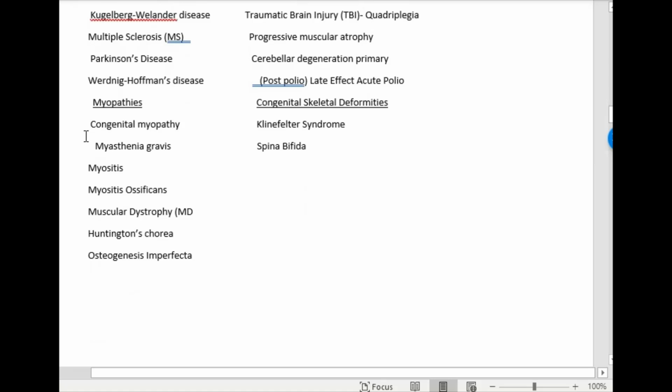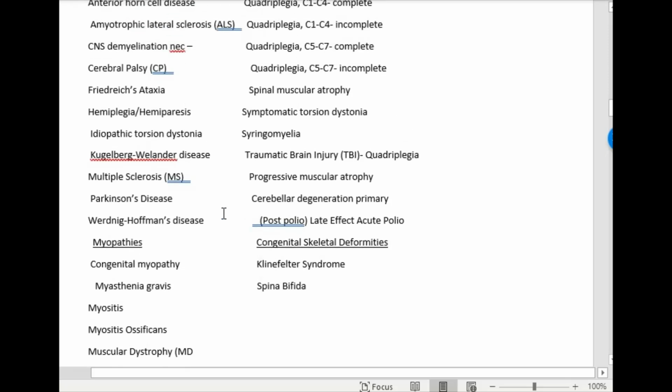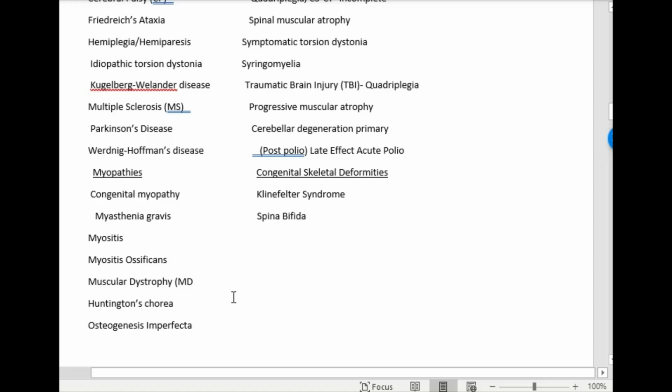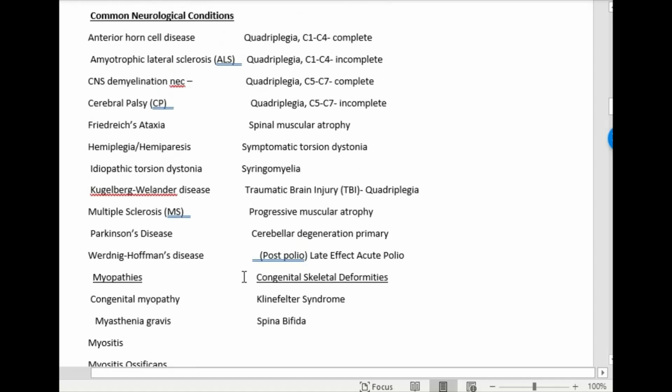Myopathies we have over here: congenital myopathy, myasthenia gravis, myositis ossificans, muscular dystrophy, Huntington's chorea, osteogenesis imperfecta, and congenital skeletal deformities. We have Klinefelter syndrome and spina bifida. Again, this is not a fully inclusive list, but this is an overall list for Group 3.